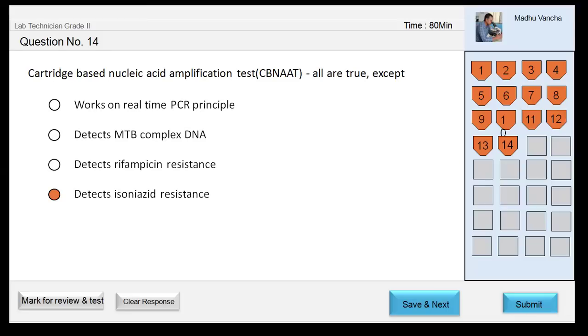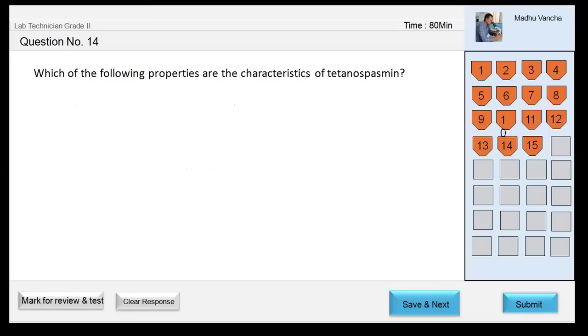So here the right answer is detects isoniazid resistance. So here first three statements are correct only. They work based on the real time PCR principle, that is RT-PCR principle. It will detect Mycobacterium tuberculosis complex DNA. It detects rifampicin resistance, but it doesn't detect isoniazid resistance.